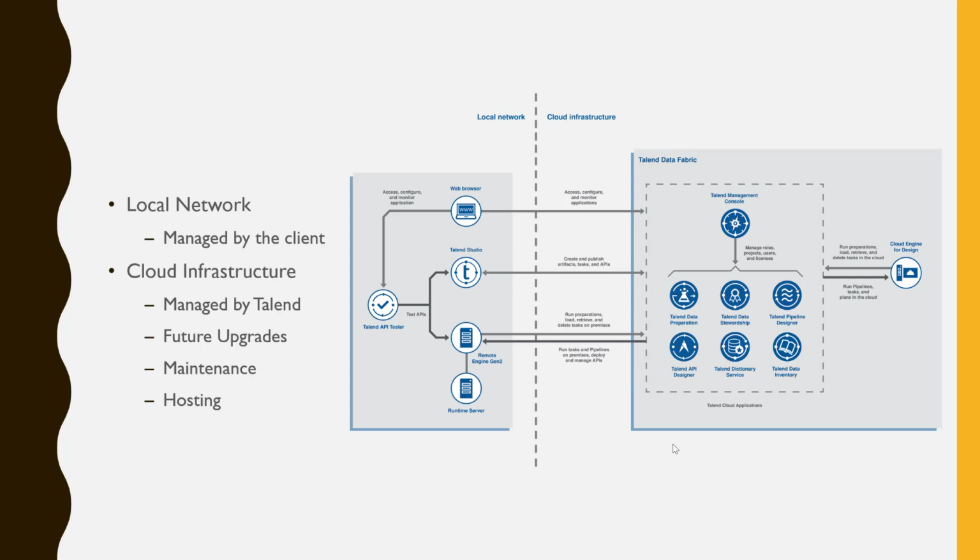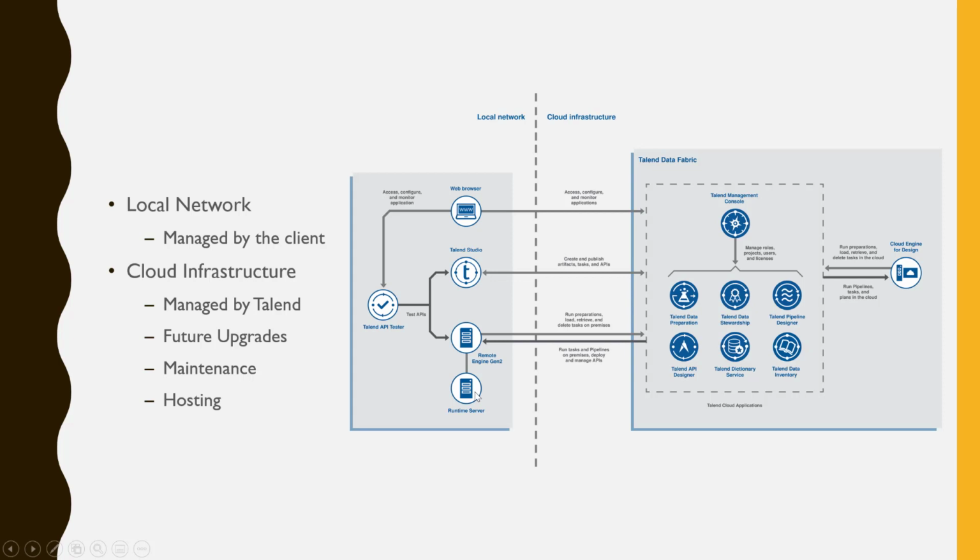At a high level, if you look at this diagram, it is divided into two parts: local network and cloud infrastructure. The local network, as you can see on the left side, includes a web browser, a Talend Studio, and then Talend API tester, remote engine Gen 2 and a remote engine, and a runtime server.